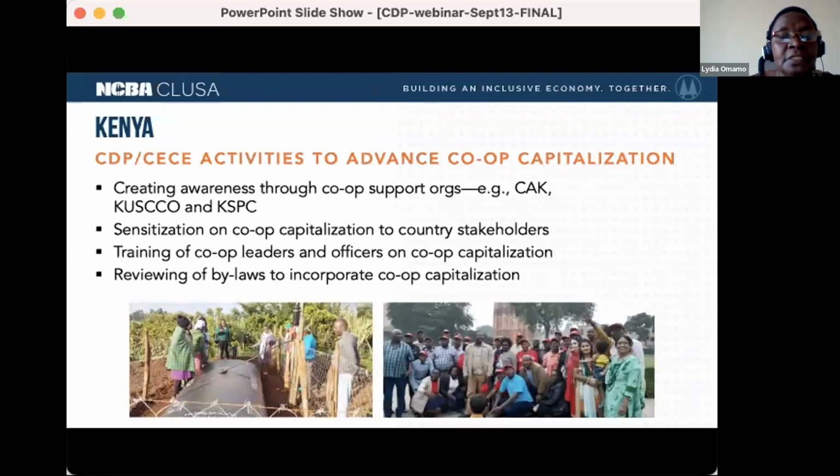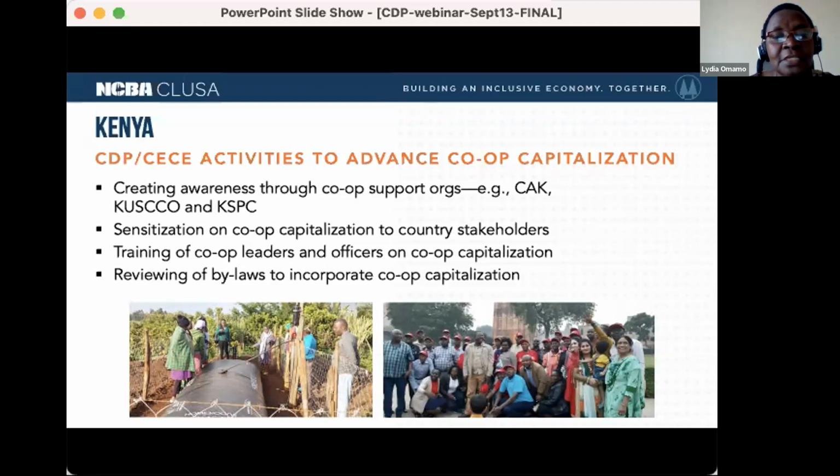What activities were done to advance this? We created awareness through the cooperative support organizations: the Cooperative Alliance of Kenya, which is the apex organization for cooperatives; CUSCO, the Kenya Union of Savings and Credit Cooperatives, an umbrella body for the savings cooperatives; and the professional body, the Kenya Society for Professional Cooperators.